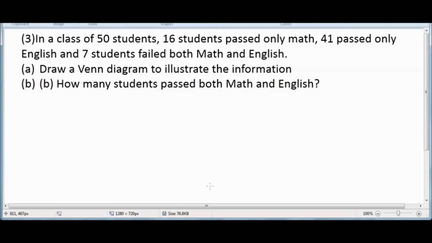The total number of students in the class is 50. That represents the universal set. So we can see n(U), U is the universal set, is equal to 50.